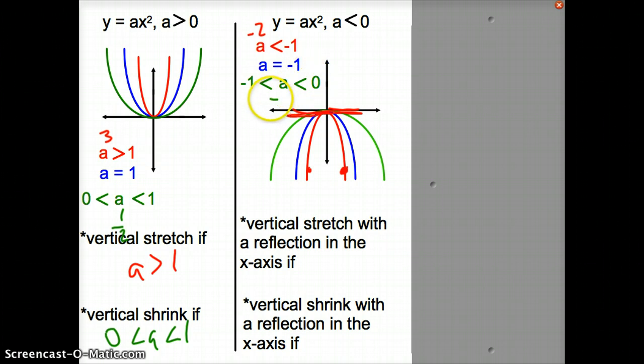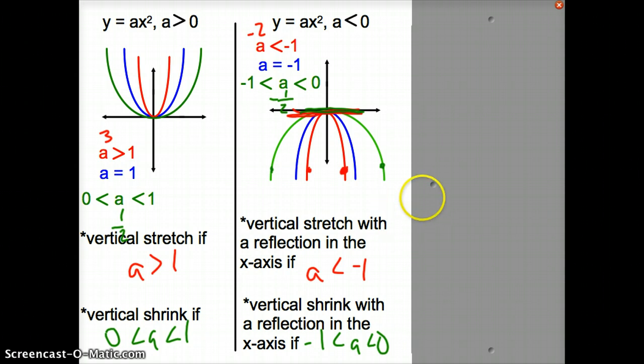So for example, a could be -1/2, where the negative makes it open down or reflect across the x-axis, and our wings are wider than the blue parabola, so therefore it is a vertical shrink. So a vertical stretch with a reflection in the x-axis is where a is less than -1, and a vertical shrink with a reflection in the x-axis is if -1 is less than a is less than 0.